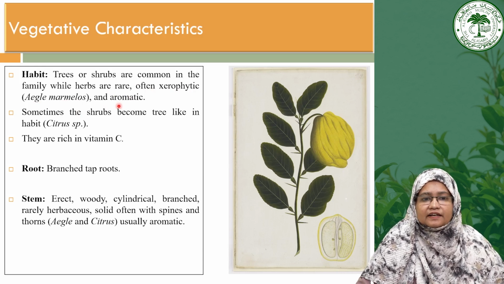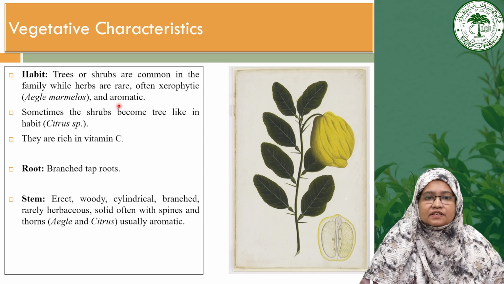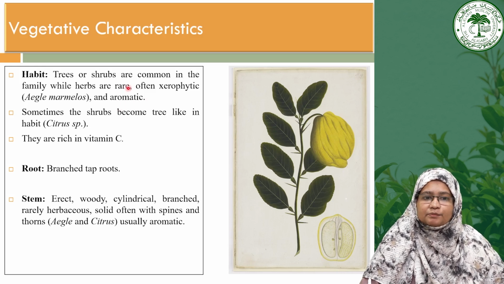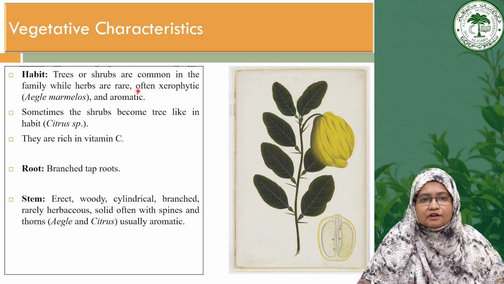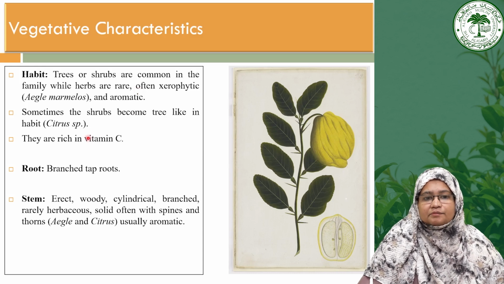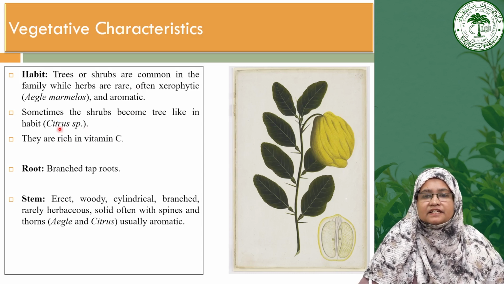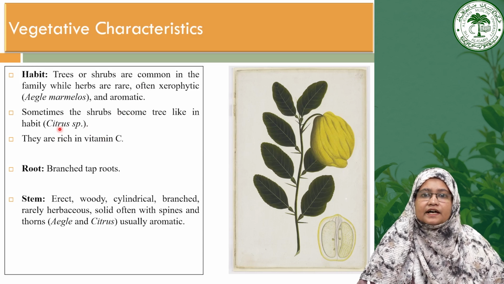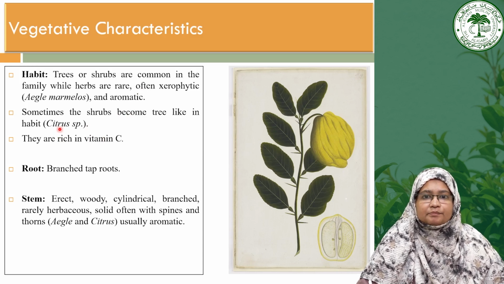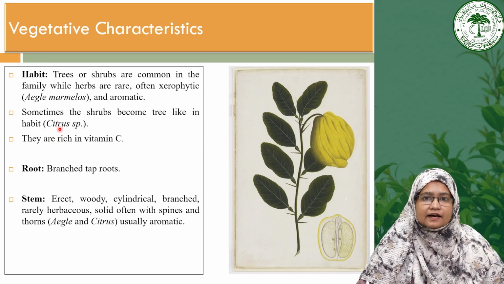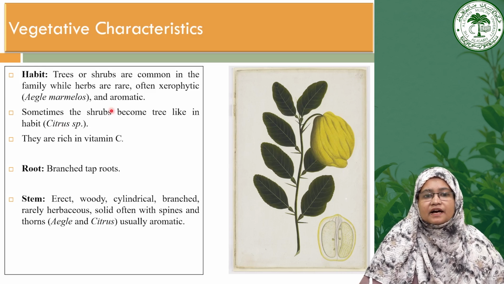This is one of the characteristic features of the family Rutaceae, the aromatic nature of the plants. And sometimes shrubs become tree-like, as in many citrus species. Although in habit they are shrubs, they may look like a tree. They attain a particular height, and all these plants are rich in vitamin C.